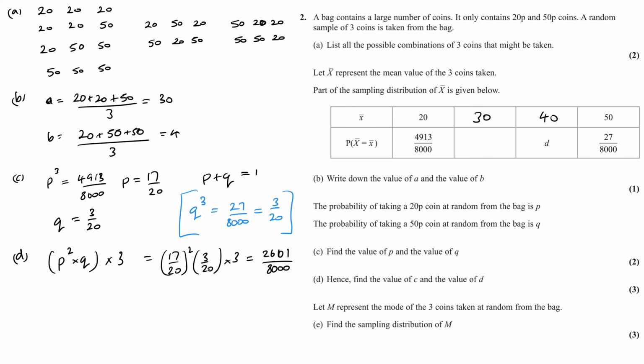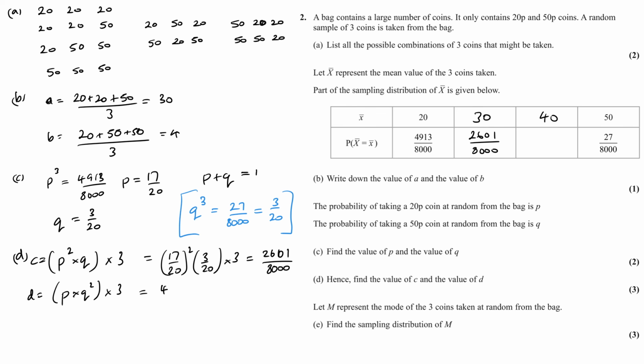Pop that in there, and then the other one, so that was C. D would be 1 20 and 2 50s. And it's times 3 because there's 3 different combinations. So we got 17 over 20 times 3 over 20 times 3.